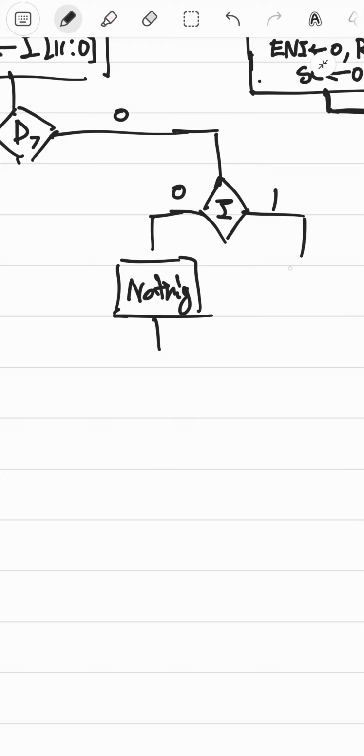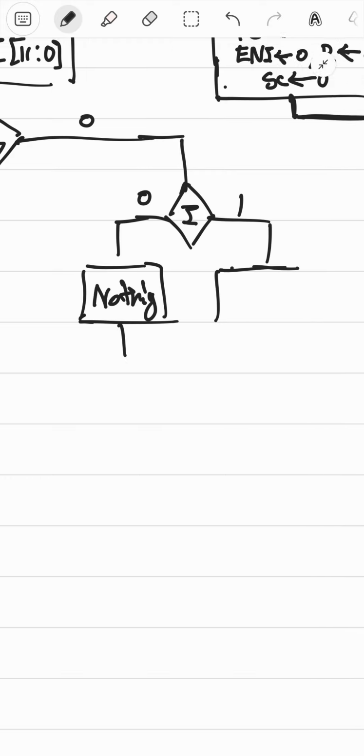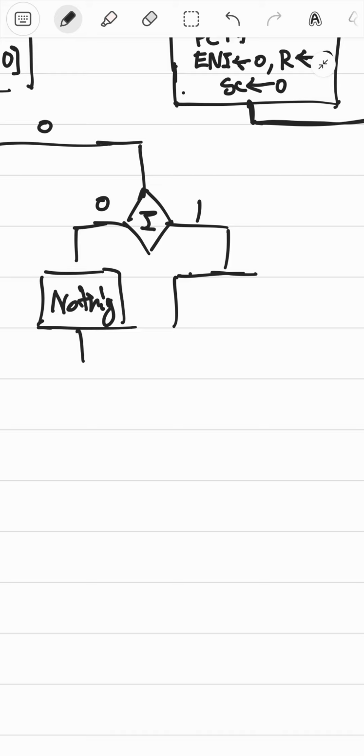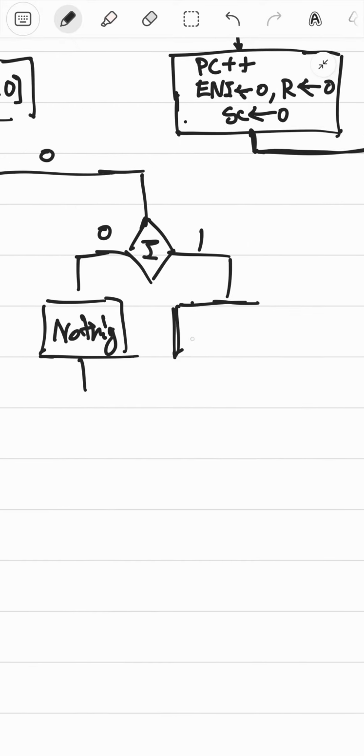But if it's 1, what you have to do is get whatever is the data at the address in AR into AR. So why are we doing this?